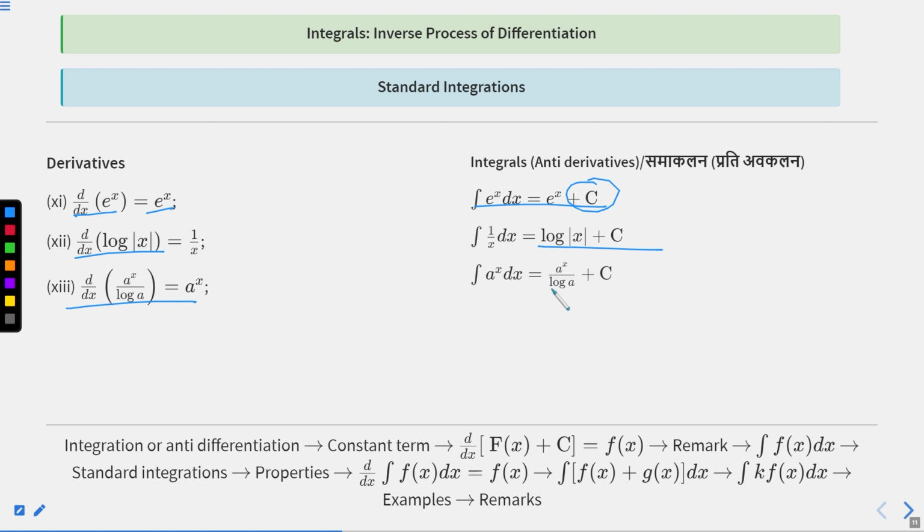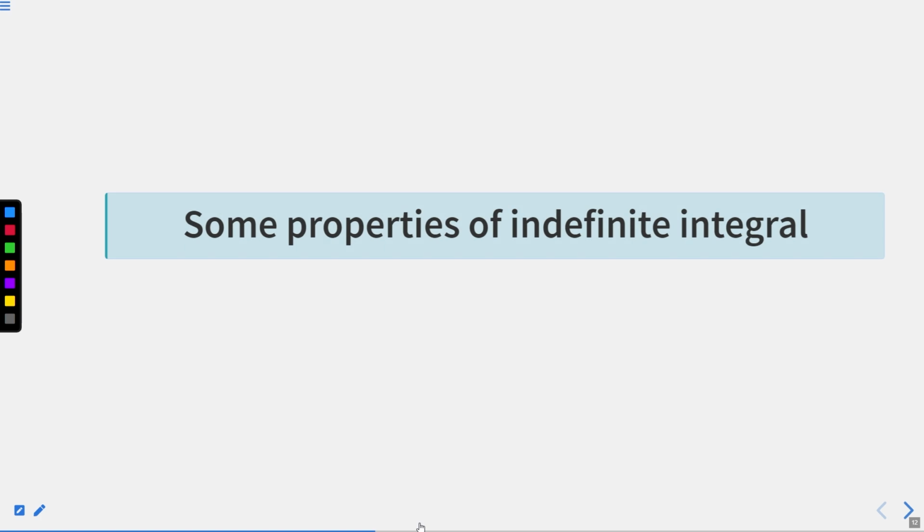This thing, a power x divided by log a plus some constant c. Okay, I hope it is clear to you. So you must know these basic forms for derivatives and anti-derivatives or integrals. Okay, let us move next.